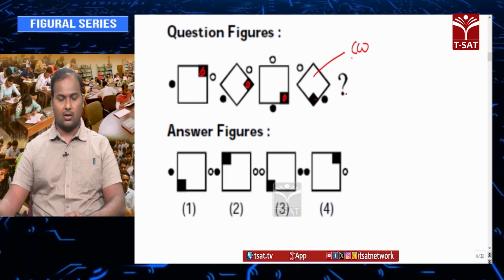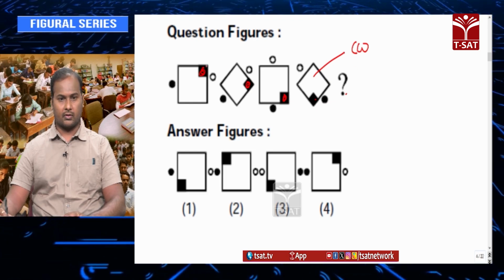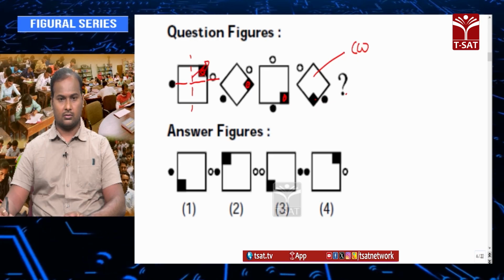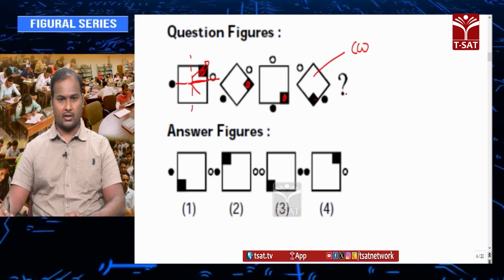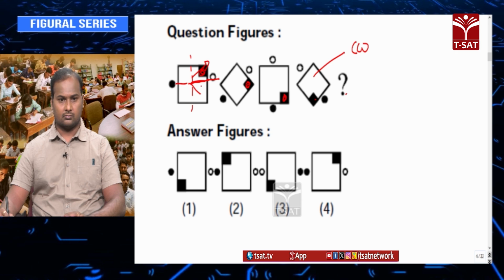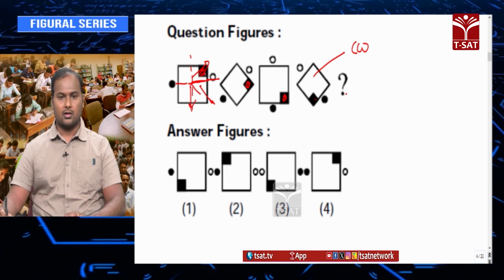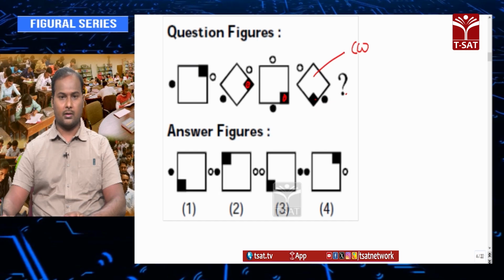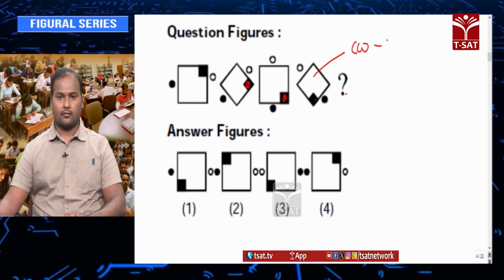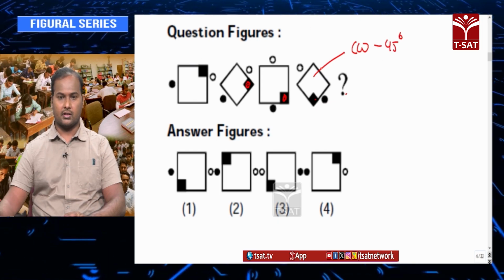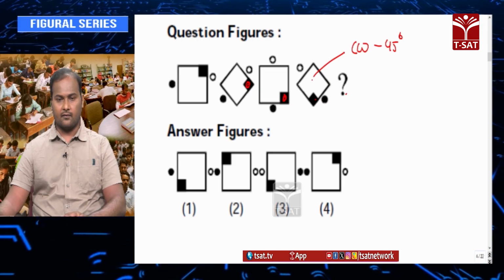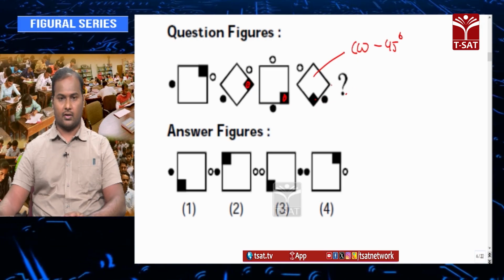If you divide like this, now it is here, the next point is here, and the next point is here. What exactly is happening? The inside figure is rotating clockwise by 45 degrees. Now you apply the same clockwise 45 rotation.